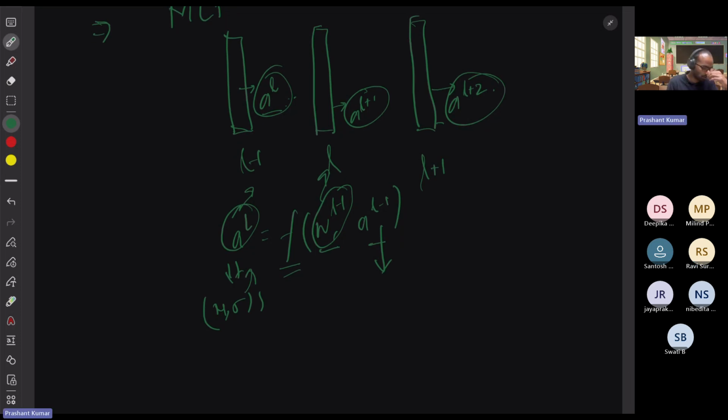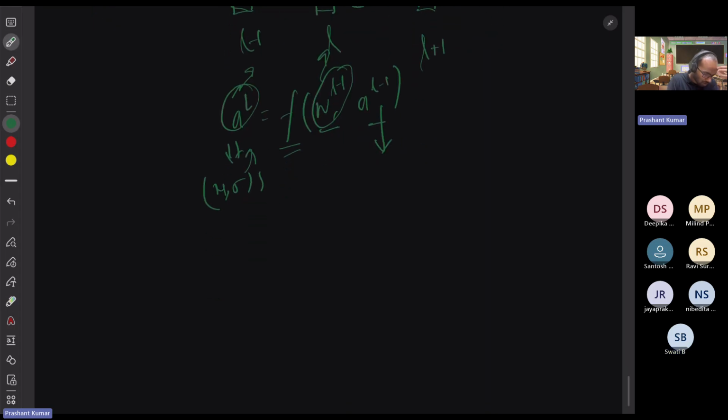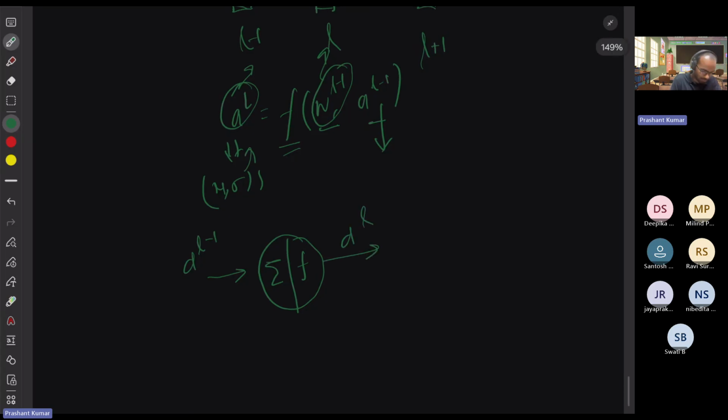So let's see, if we discuss a perceptron, and the input is AL minus 1, you have a sigma here that contains WL minus 1 into AL minus 1, and then you get the output F that you call AL.